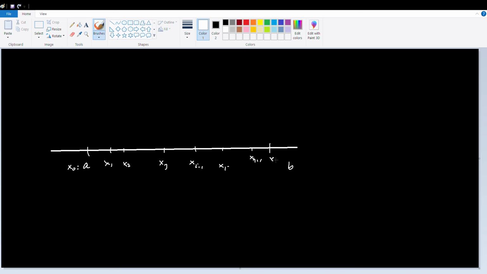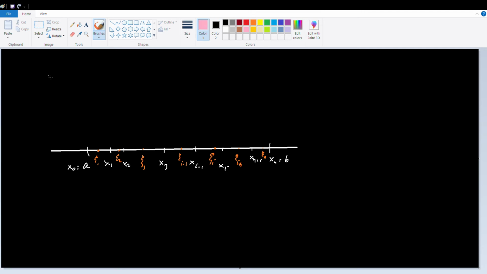Then we chose a point in each subinterval, c sub 1, c sub 2, c sub 3, then c sub i minus 1, then c sub i, then c sub i plus 1, c sub n.